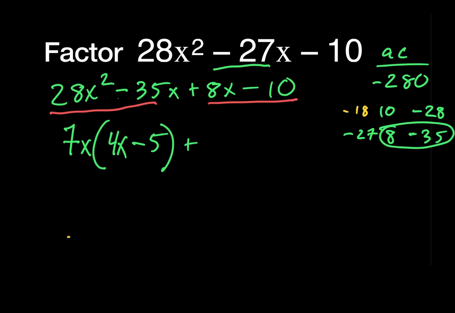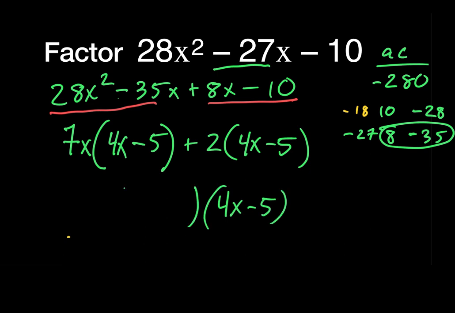Then what divides into 8 and 10? That'd be 2. Leaves me with 4x minus 5, which it should, because the purpose of factor by grouping is that whatever's in the parentheses is the same. So that 4x minus 5 gets factored out, leaving me with a 7x plus 2.